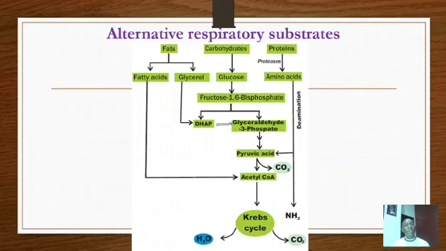Now what happens to glycerol? Glycerol is converted to glyceraldehyde 3 phosphate, also known as the triose phosphate.